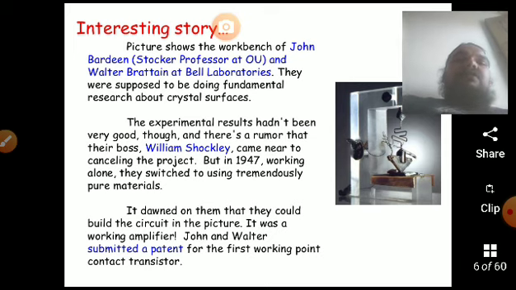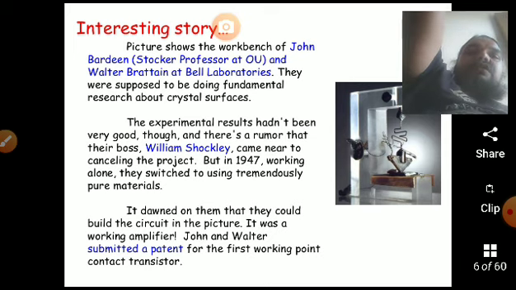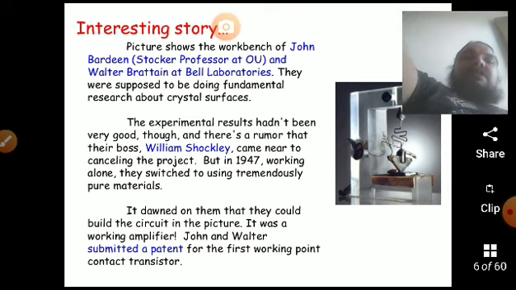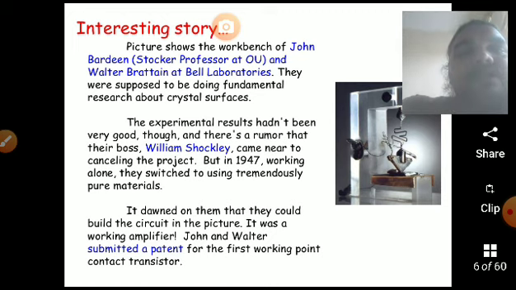They were supposed to be doing fundamental research about crystal surfaces. The experimental results were very good, and there are rumors that William Shockley came near to concluding this project, but in 1947 he worked alone.